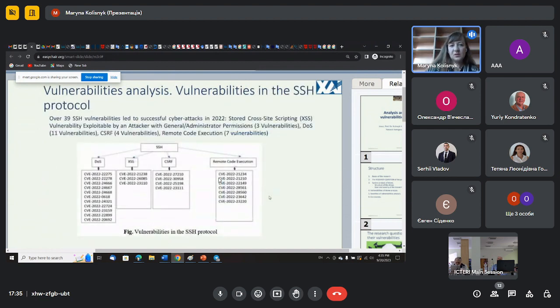We found this information, and after this we proposed a classification for this protocol: which type of cyber attacks and which numbers of vulnerabilities can provide this cyber attack, and you can see this information for 2-3 years.